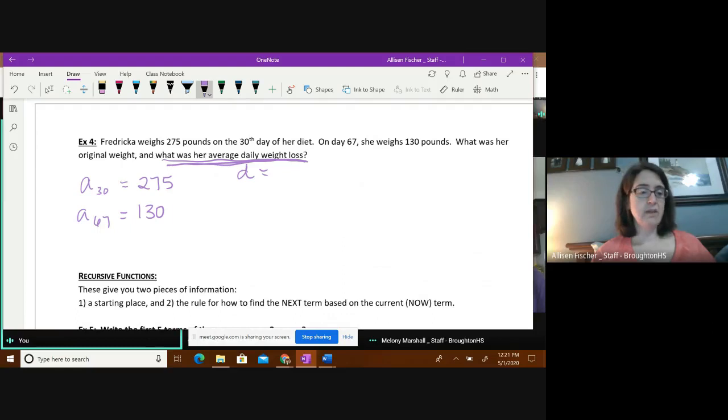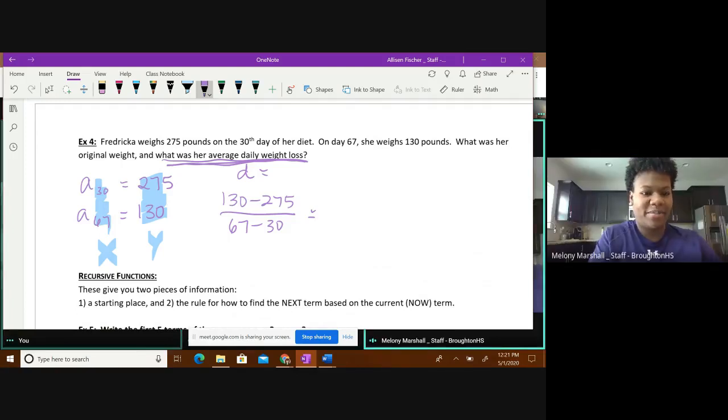So we're going to figure out that D value, and we're going to do that like a slope. So again, these would be the Y value, and these would be the X value. So we're going to subtract those from each other: 130 subtract 275, and then 67 subtract 30.